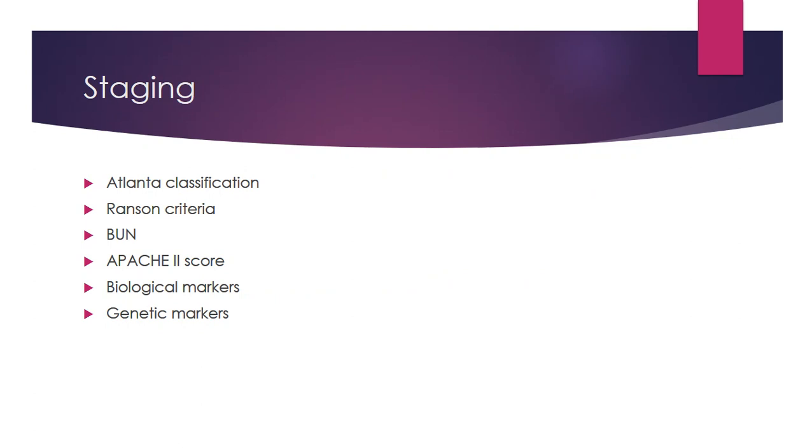Second thing is local complications, for example, necrosis, abscess, pseudocyst. And the third one is Ranson score of 3 or higher, or APACHE score of 8 or higher.